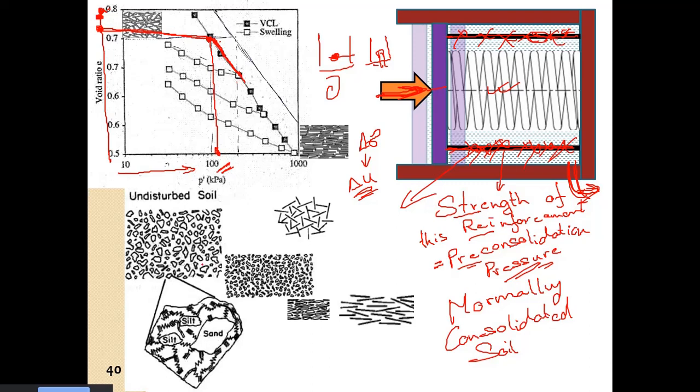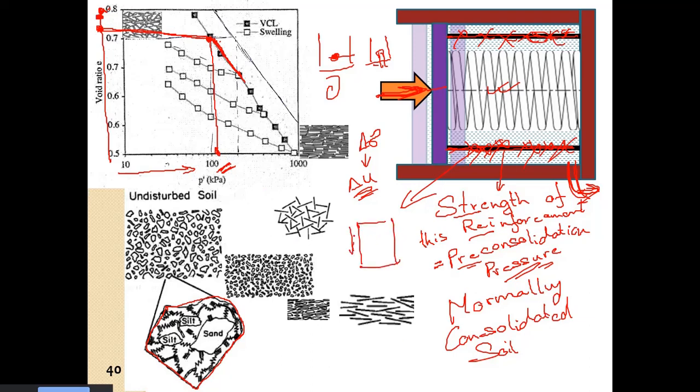So the soil was in this state when we took the sample out of the ground. It had a structure. As soon as it reached the pre-consolidation pressure, it had already been subjected to an effective stress.